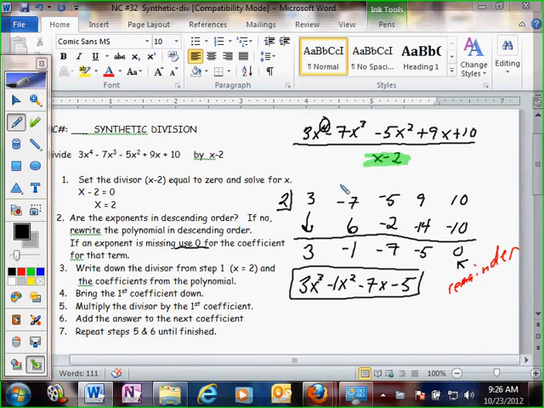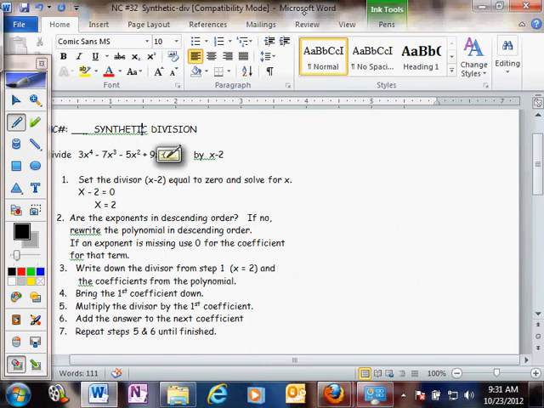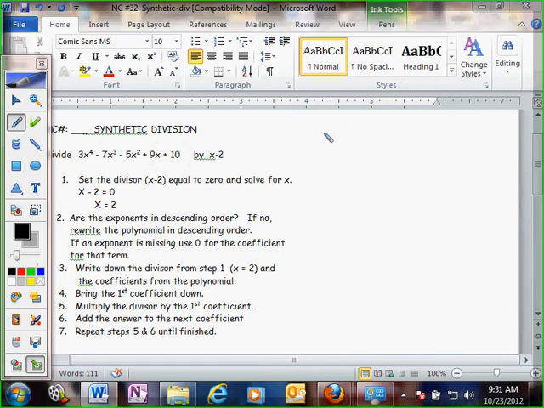Let's look at another example. 3x to the fourth minus 5x squared plus 9x plus 10, and I want to divide that by x plus 2.